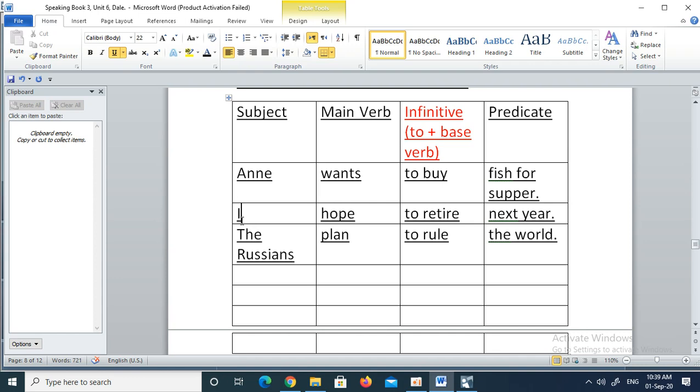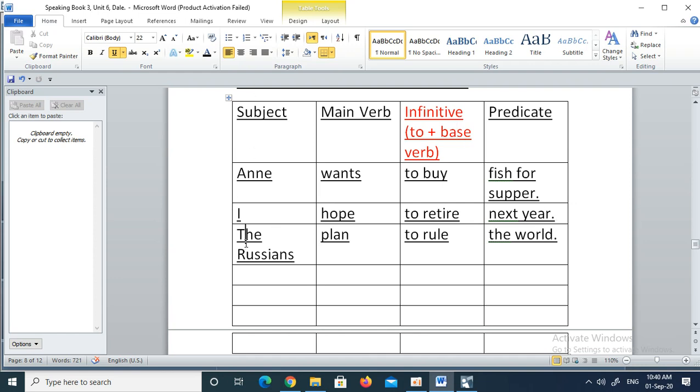If we look at example 2, I am the subject, hope is the main verb, and the infinitive is to retire, using the particle to and the base verb. I hope to retire next year.